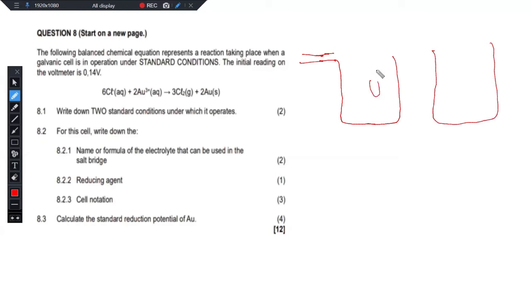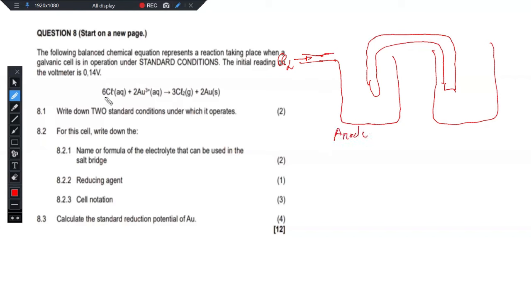So this is your salt bridge like that. So what about this one? A lot of people are not aware of this kind of galvanic cell here, whereby we have our chlorine gas making way inside here. Now, why am I having this one here? This is the anode side.